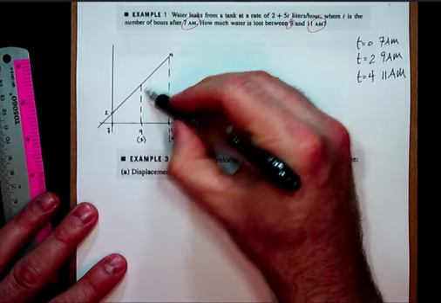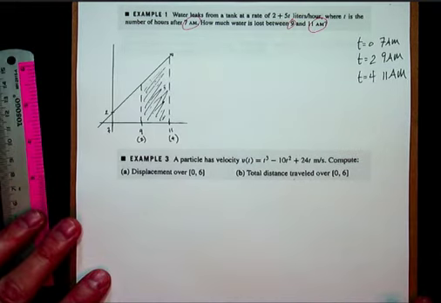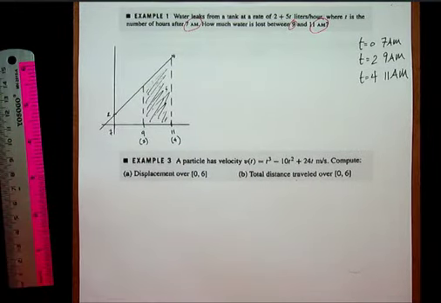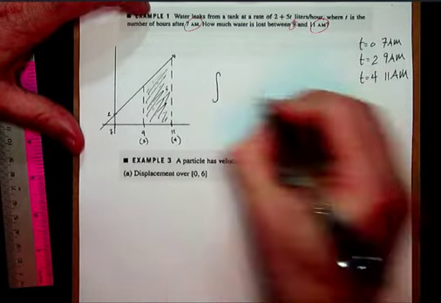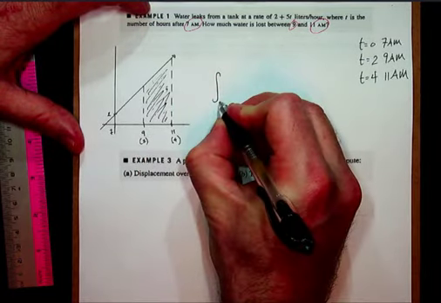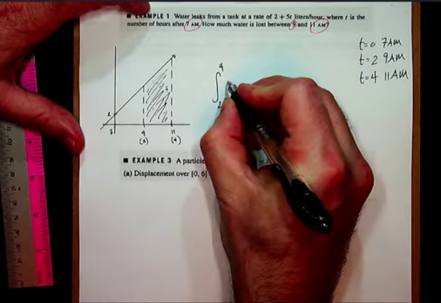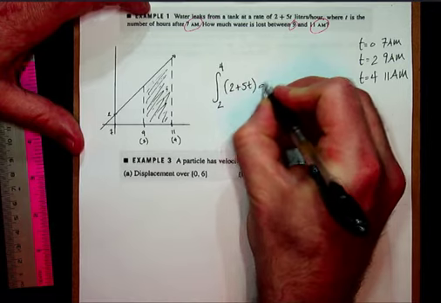So it's this area right here. Now, granted, you could actually do this geometrically, but let's go ahead and do it with calculus. It is the accumulation of all of the infinite number of cross sections between t is equal to 2 and t is equal to 4, given the rate of change 2 plus 5t dt.